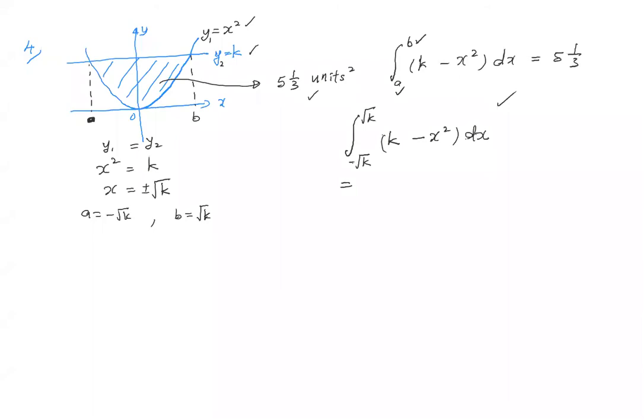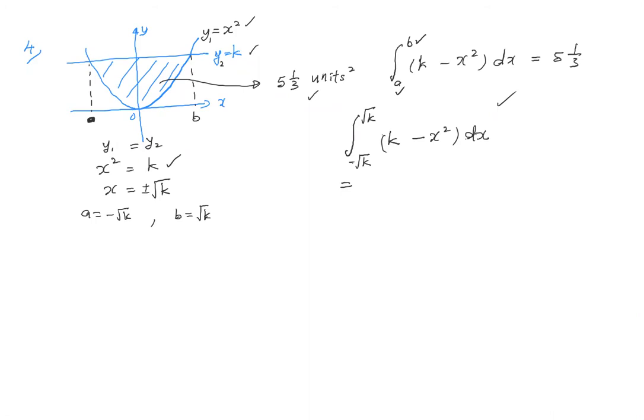Are you okay? Miss, I don't understand the x. You don't understand which part of the x? The left hand side or the right hand side? Minus root K and square root K. Okay, because x squared is equal to K. The inverse of square is square root. So when you take square root, there are two possible answers.